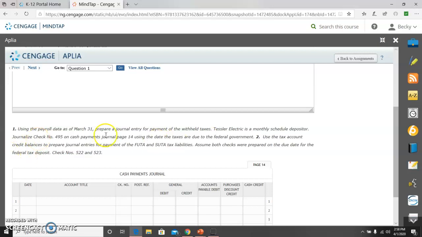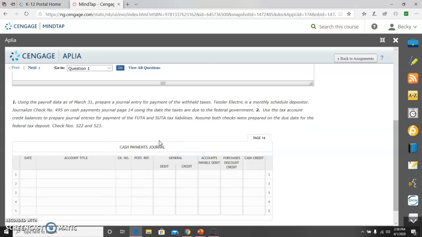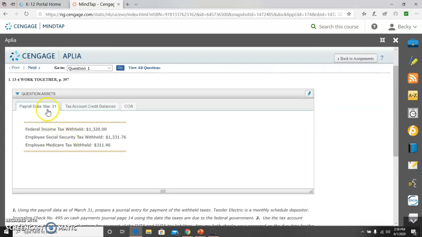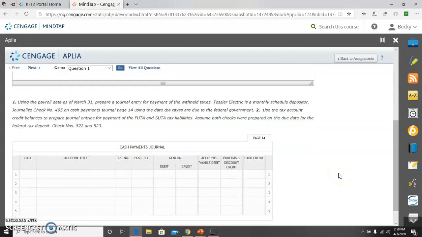And then use check number whatever in the cash payments journal on whatever page, and use the tax account credit balances to prepare journal entries for payment of FUTA and SUTA tax liabilities as well. Assume both checks were prepared on the due date for the federal tax deposit. So if we were given payroll data for March 31st, that means the due date is April the 15th.